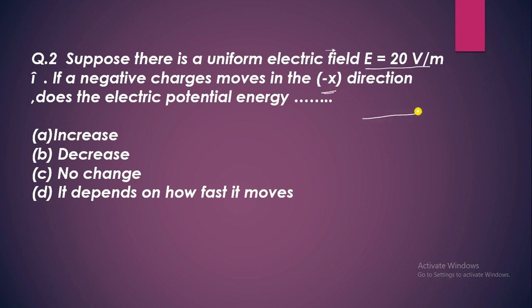Along the x-axis, the direction of the uniform electric field E is equal to 20 volt per meter, and the negative charge moves in the minus x direction.